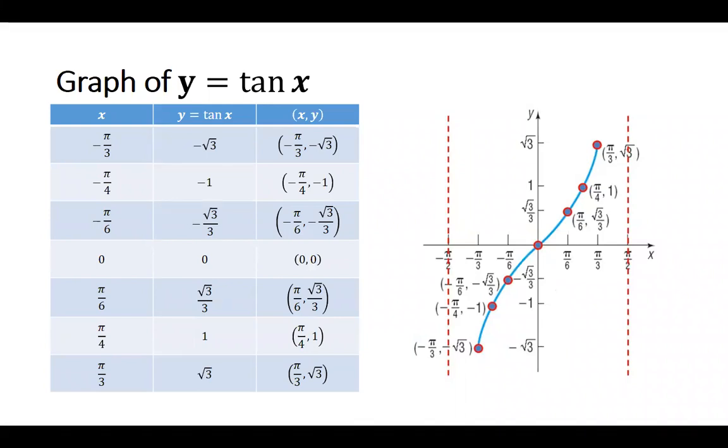And we see here also that that's a period of pi. Okay, so this kind of shows what it looks like and gives us some values to look at. We won't go nearly as in depth as this when we have to draw these functions.